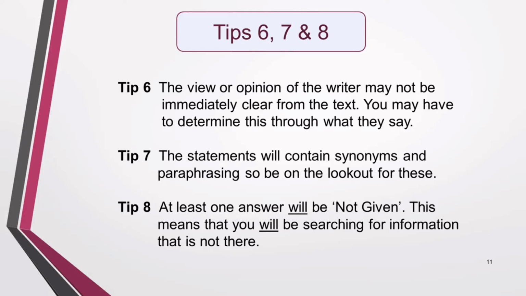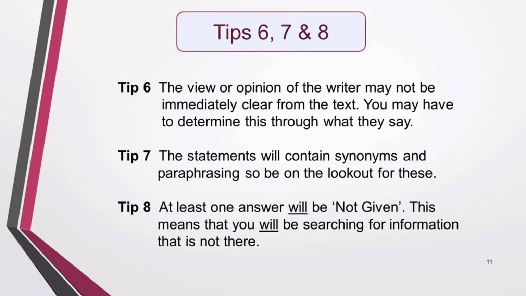Tip 6. The view or opinion of the writer may not be immediately clear from the text. You may have to determine this through what they say. Tip 7. The statements will contain synonyms and paraphrasing, so be on the lookout for these. And tip 8.